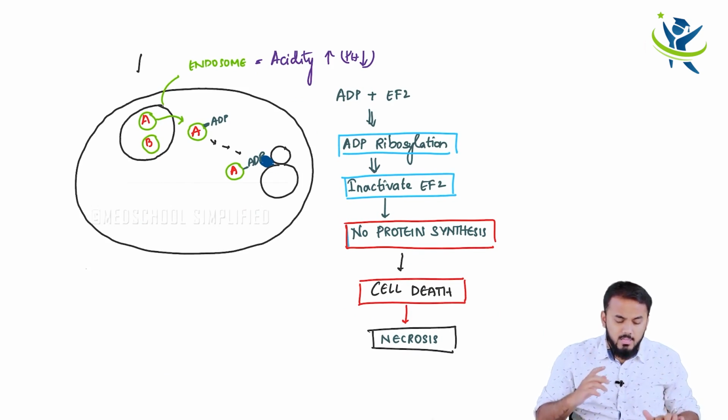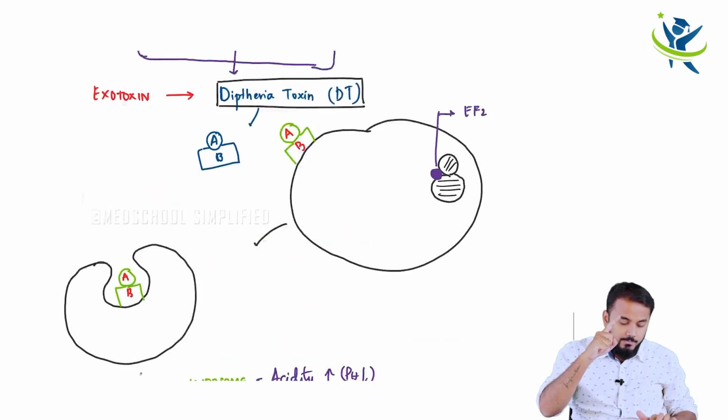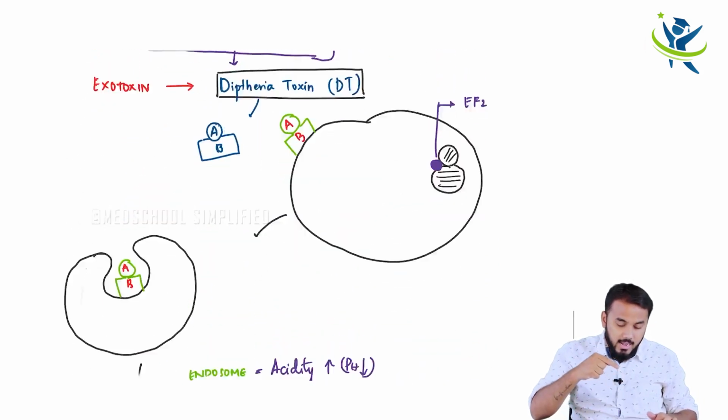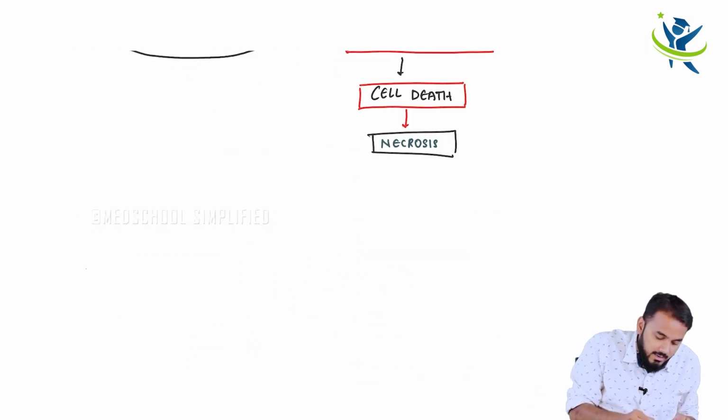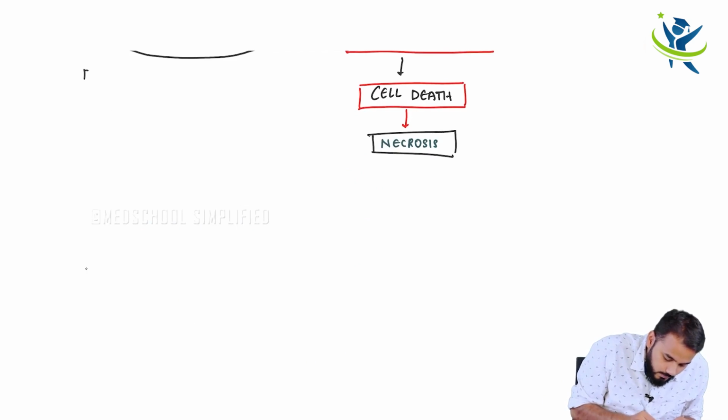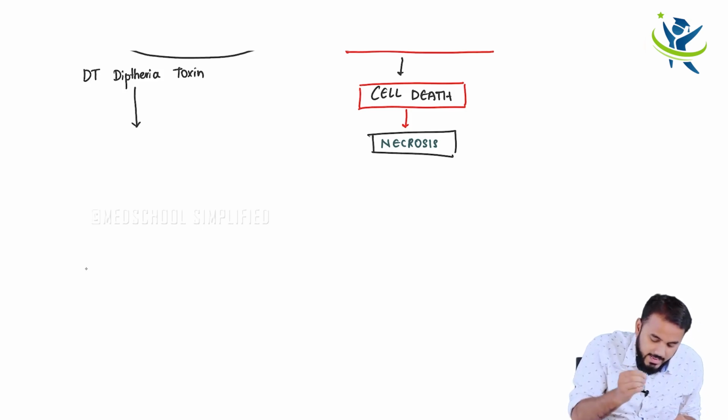So overall, guys, the first point was diphtheria toxin. The last point was necrosis. So can I roughly tell that DT, that is diphtheria toxin, once it attacks your tissue, it causes necrosis?